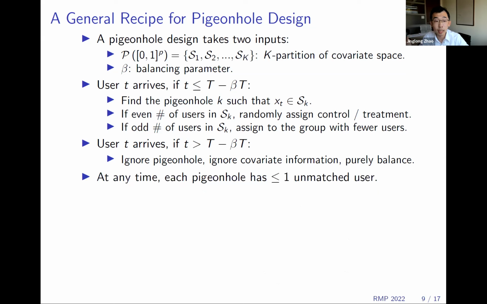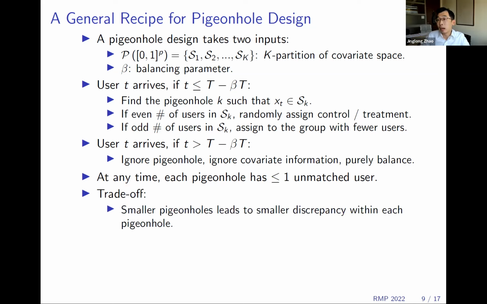All right. So the first observation that we make here is that at any point in time, each pigeonhole has no more than one unmatched user. So this motivates us to think of the following trade-off, which is that a smaller pigeonhole is going to lead to smaller discrepancy within each pigeonhole.